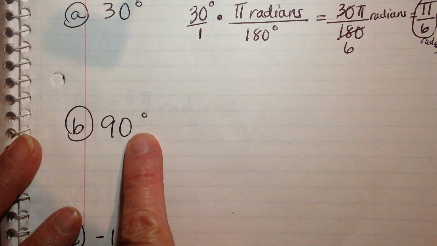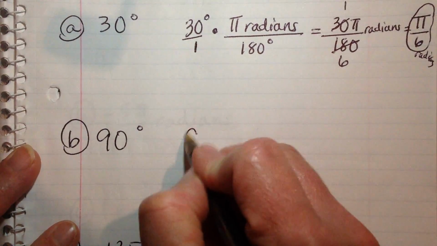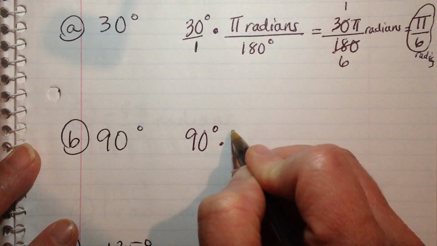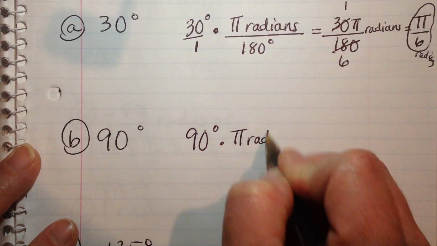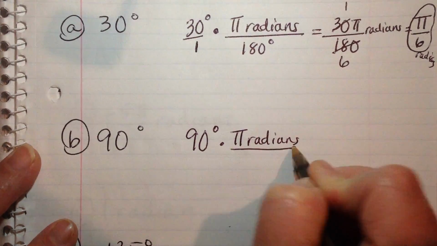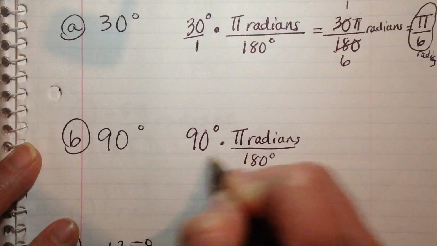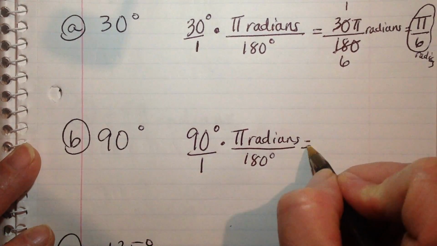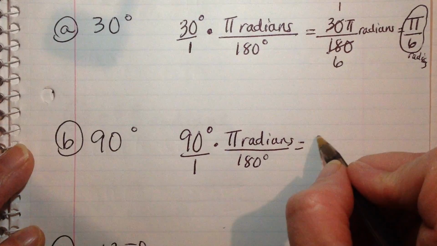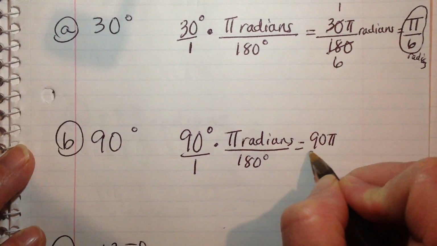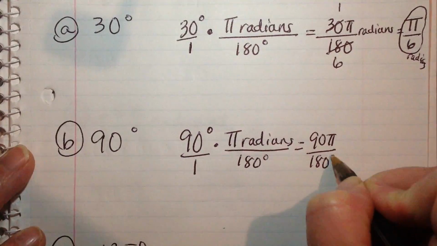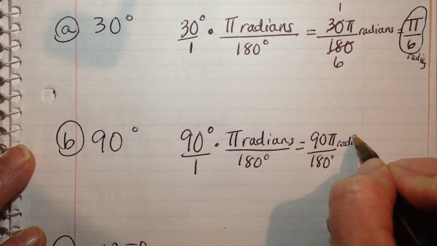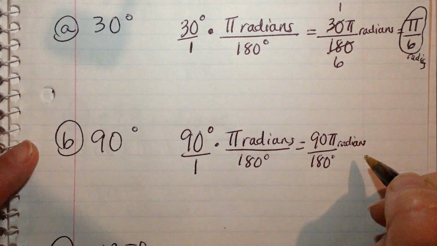Let's look at 90 degrees. Converting degrees to radians, we will take 90 degrees and multiply it times pi radians divided by 180 degrees. 90 is over 1. So when you multiply straight across, you get 90 pi divided by 180 degrees, and that is in radians, 90 pi radians.